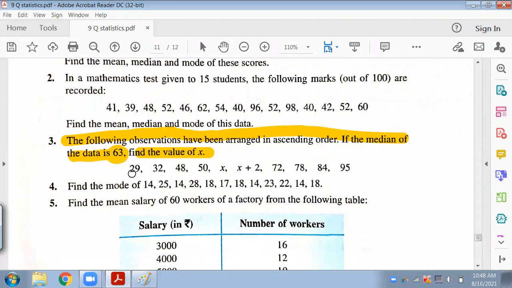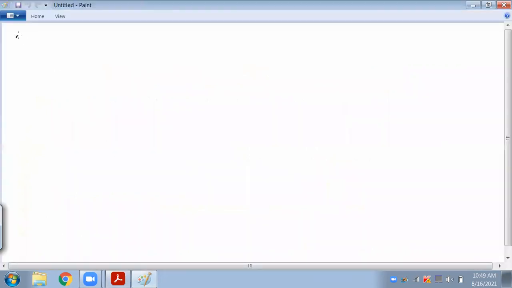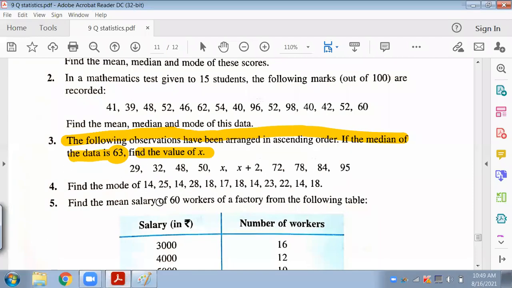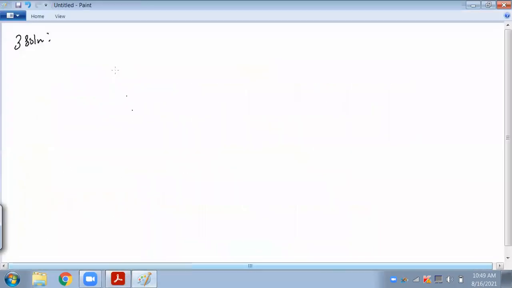Okay, so here if you see n is how much? How many data is there? 1, 2, 3, 4, 5, 6, 7, 8, 9, 10. So n will be 10. Now in this, it is arranged.